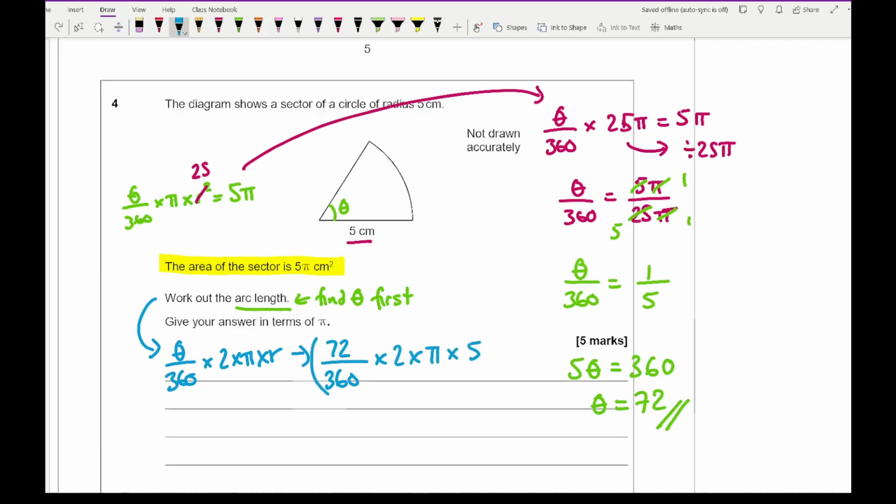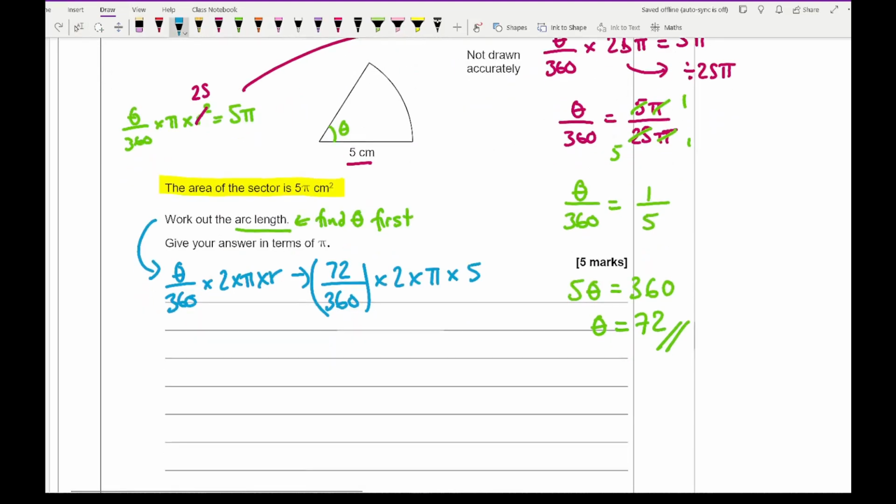Simplifying this fraction, I've got 72 over 360 multiplied by 10 pi, and that becomes 720 pi over 360. If you're not sure how I got that, just turn the 10 pi into a fraction, and then I can simplify 720 over 360, which gives me an answer of 2 pi, and that's going to be in centimeters.